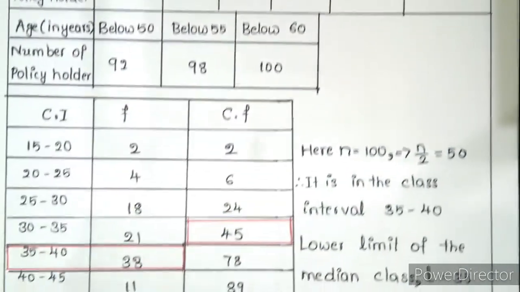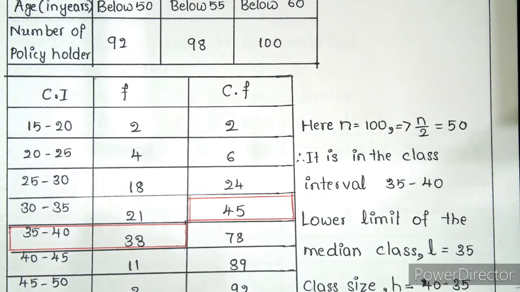So class interval 15 to 20, 2, 20 to 25, 4, 25 to 30, so you substitute as it is.